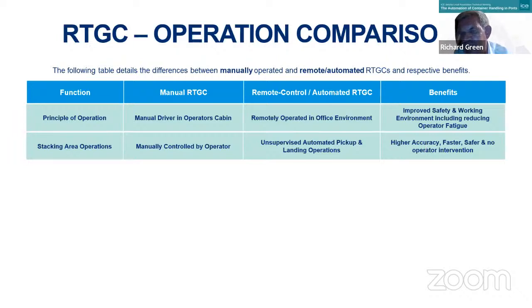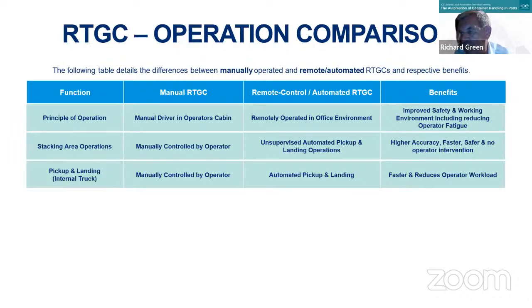One good thing about automation is it keeps people away from the stacking area. We don't have people wandering around in the stacking area, having to avoid containers swinging around, and operators in the equipment can't see if people are walking around beneath them. They don't have a good overall visual aspect of what's happening around them.